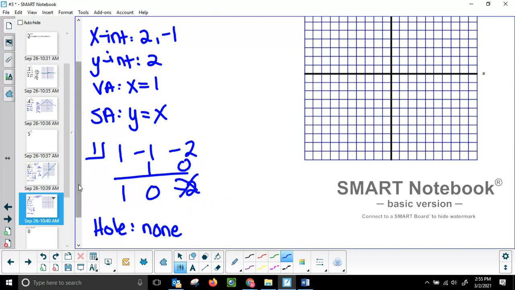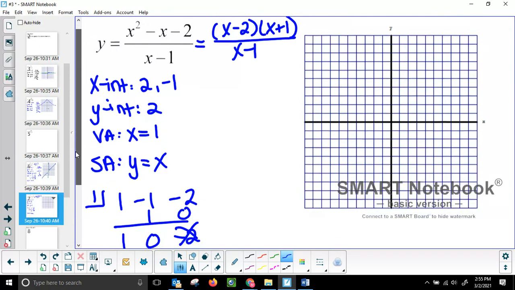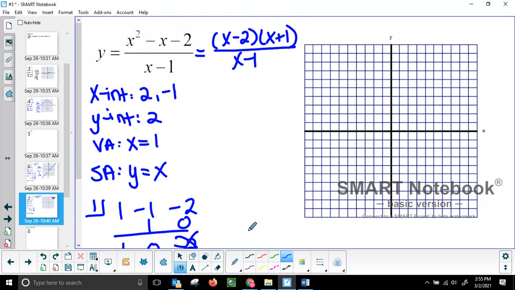And of course, we have nothing canceling, so we have no hole. Now we can put our stuff on here. We will have a vertical asymptote at 1. We will have a slant asymptote of y equals x.